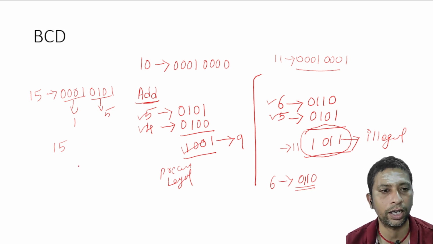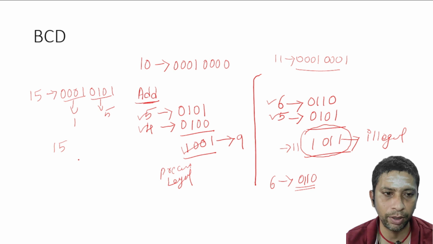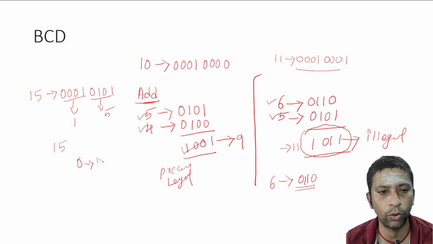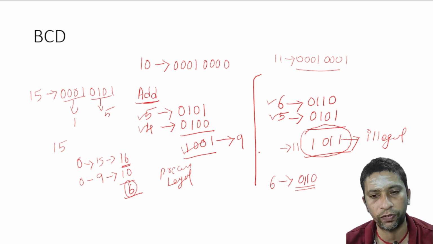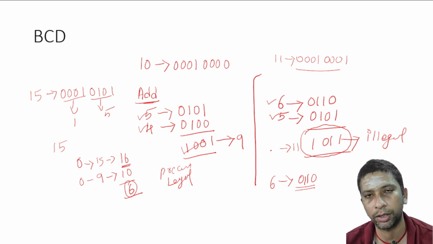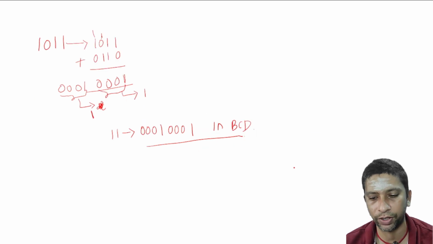In decimal we have from 0 to 15, which is 16 numbers, whereas in BCD we have from 0 to 9, which is 10 counts, and the remaining is 6. That is the difference we have. In order to compensate for that, we are using that difference.